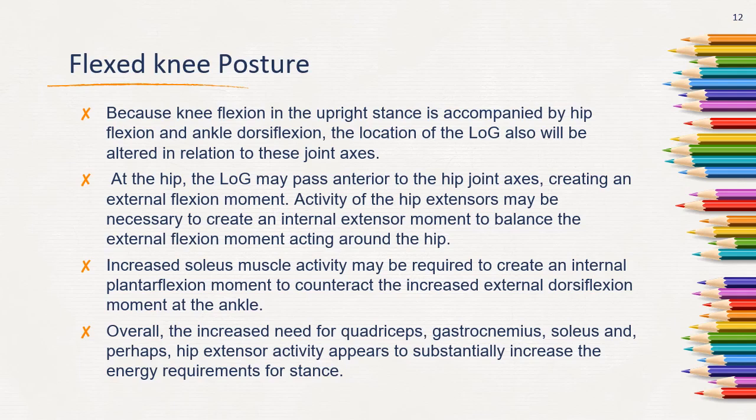That also increases the activity of the soleus muscle in order to create an internal plantar flexion moment to counteract the increased external dorsiflexion moment at the ankle. Overall, the increased need for quadriceps, gastrocnemius, soleus and perhaps hip extensor activity appears to substantially increase the energy requirement for the stance.